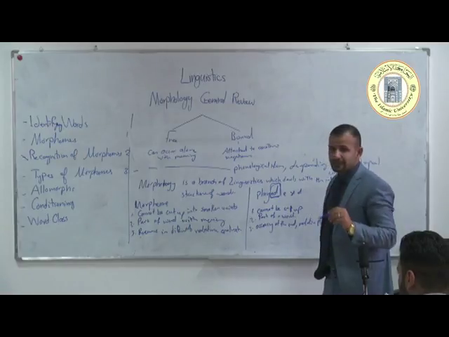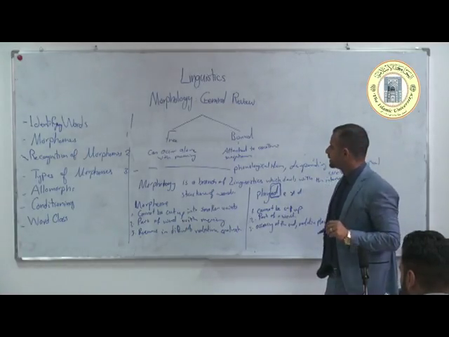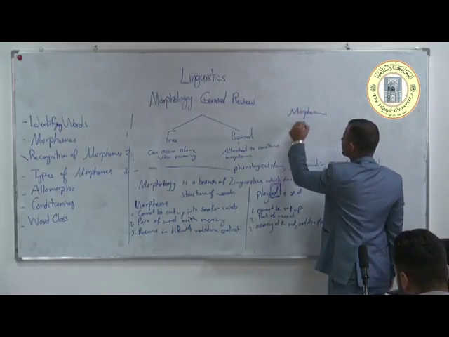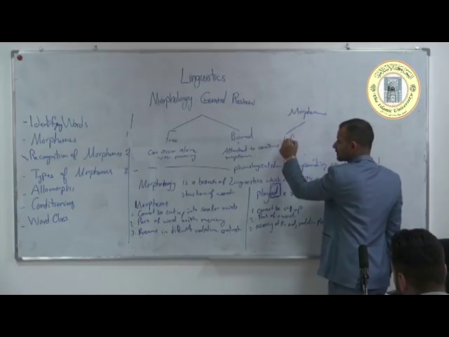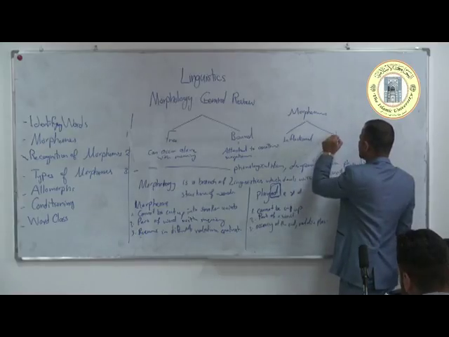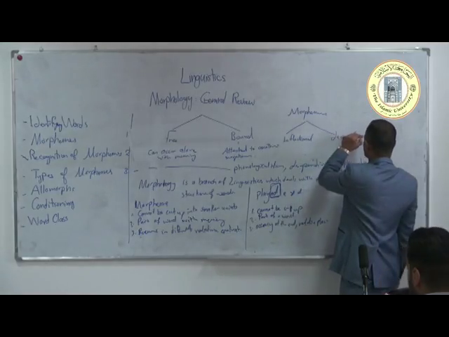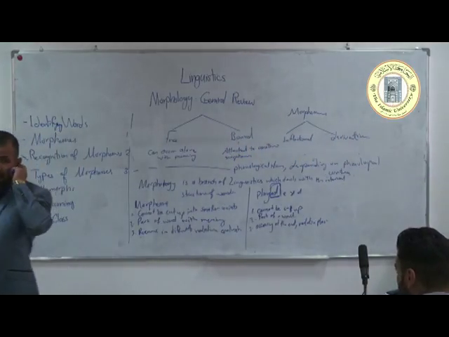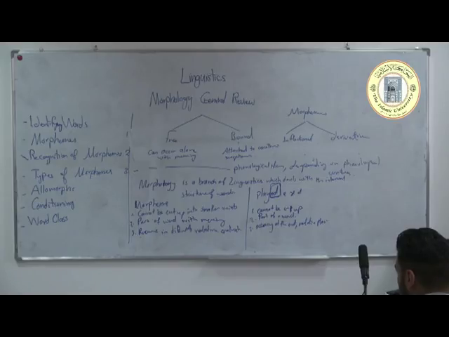Good. The other classification, which is mentioned in your textbook, is that a morpheme is either inflectional or derivational. Inflectional morphemes, or inflectional suffixes, don't alter the part of speech, while derivational ones change the part of speech.